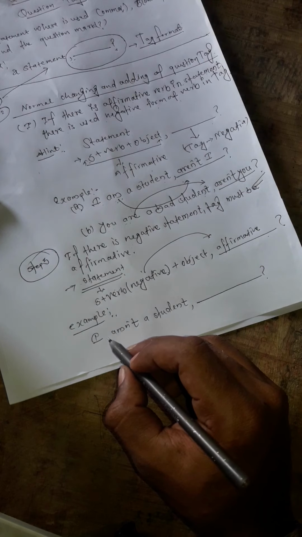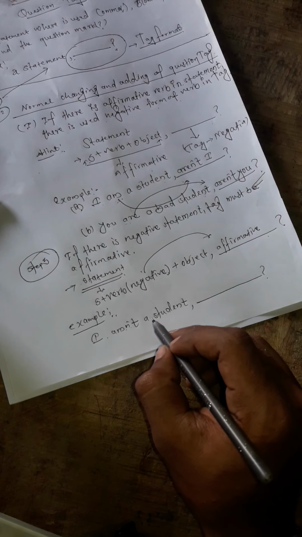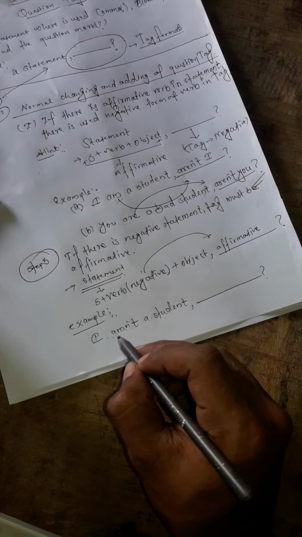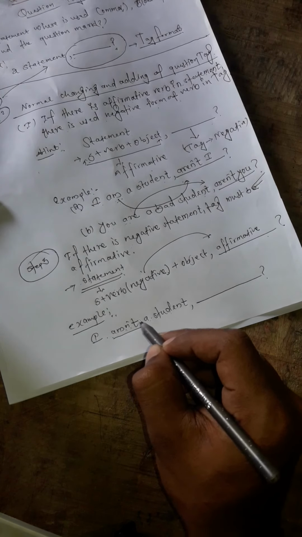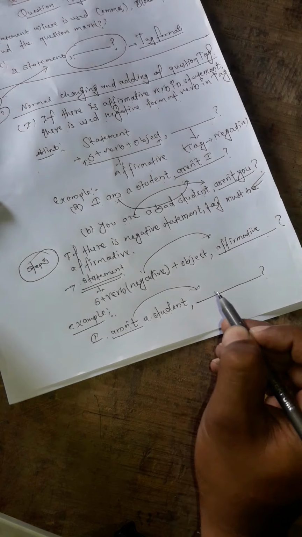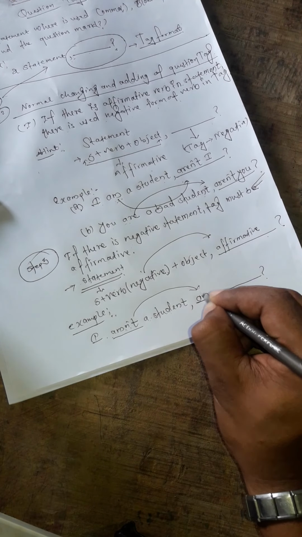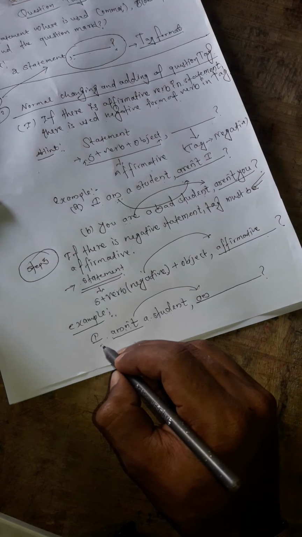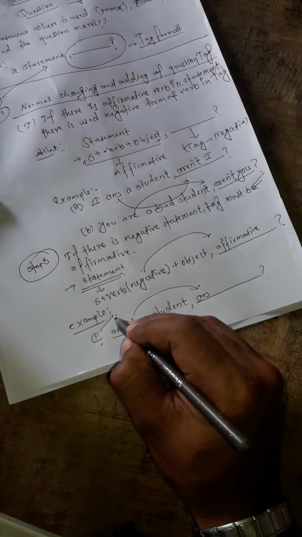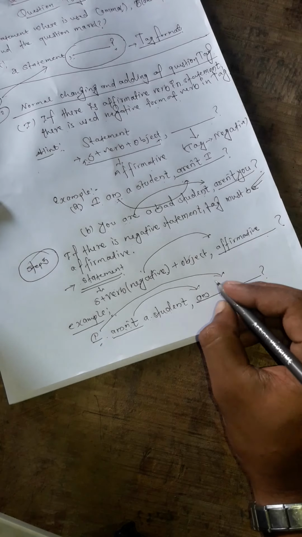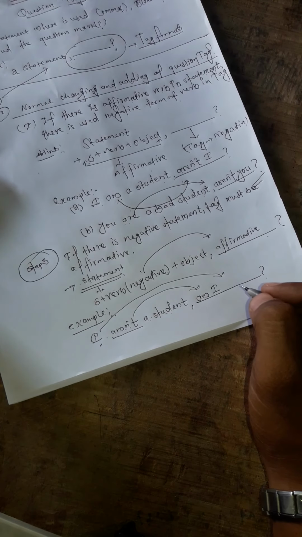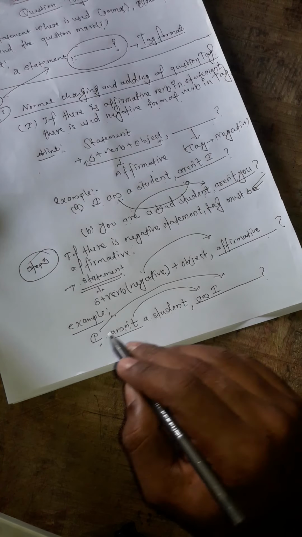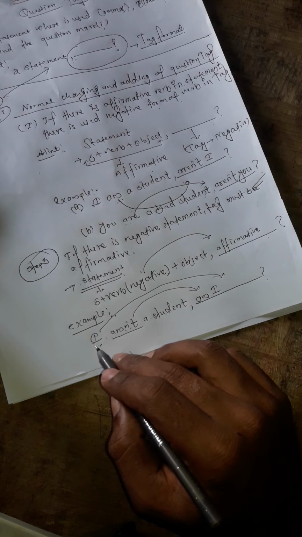Now you are looking, I am not a student. That means it is in negative format, and we have to change the negative format into affirmative. That means am, and then you have to write the same subject, I. Then the subject is written here: am I. As you know, I is always written in capital letter if I is alone in the sentence or a statement.